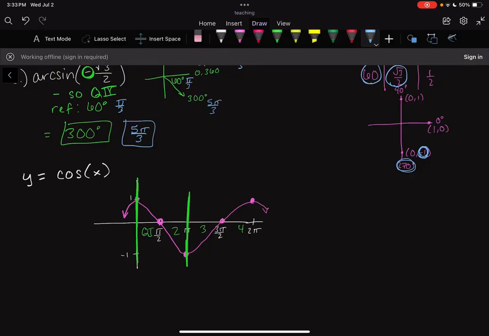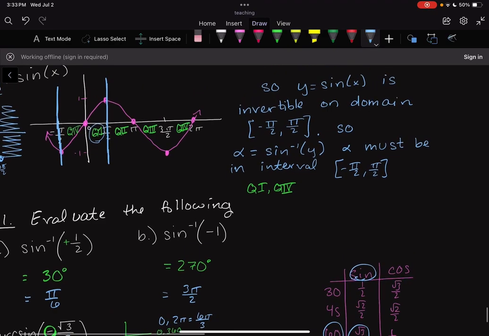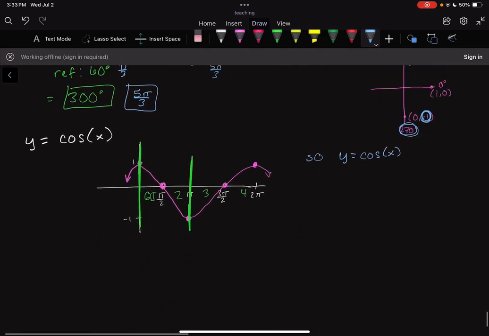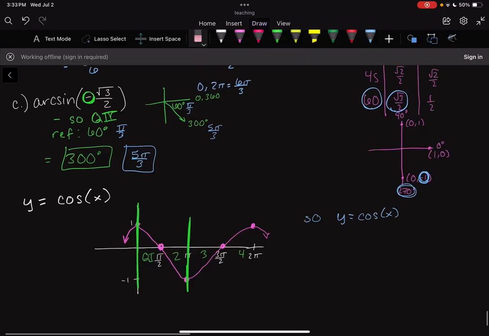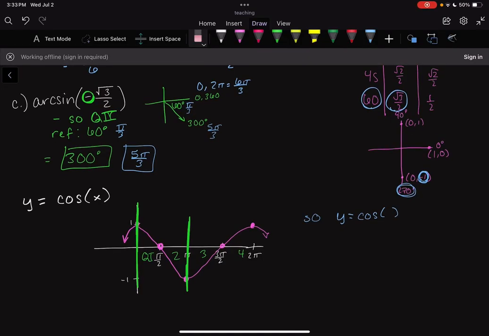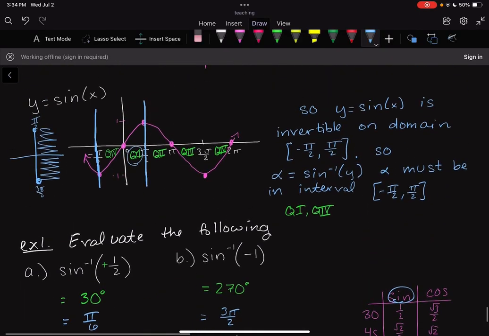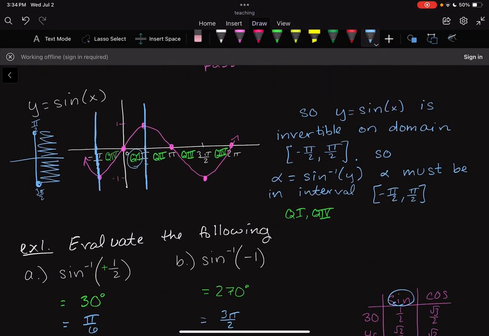So just like I did before, let me go ahead and write out what this means for us. So y equals cosine x, or you can put alpha if you want, or you can put x, whatever makes more sense to you. I'll go ahead and put alpha. Up here, I do notice that I wrote x in the sine and then alpha at the bottom.